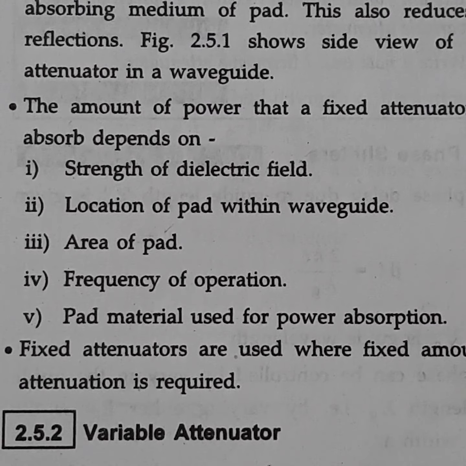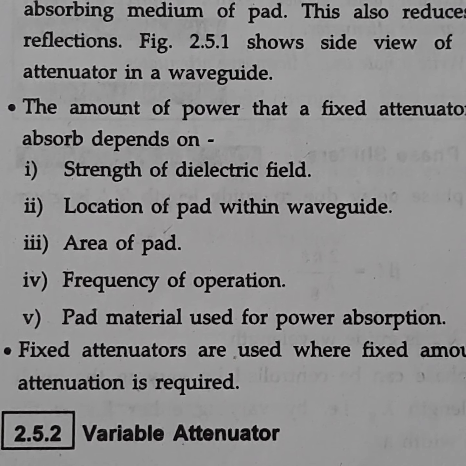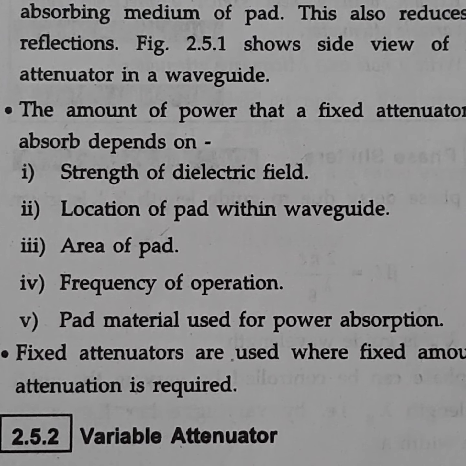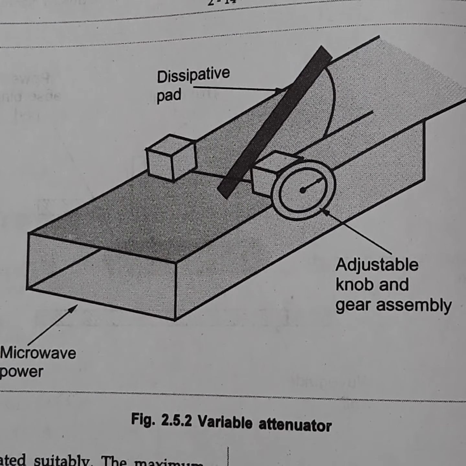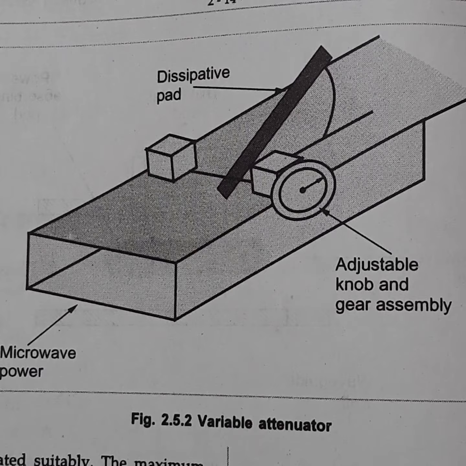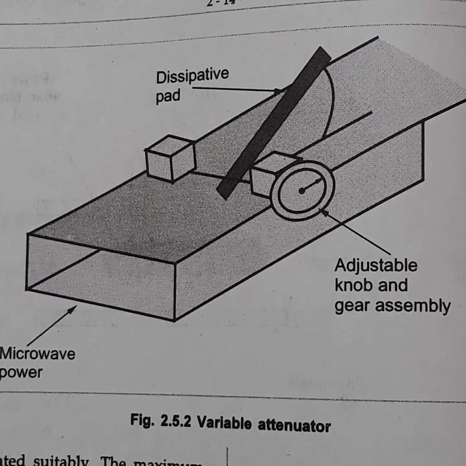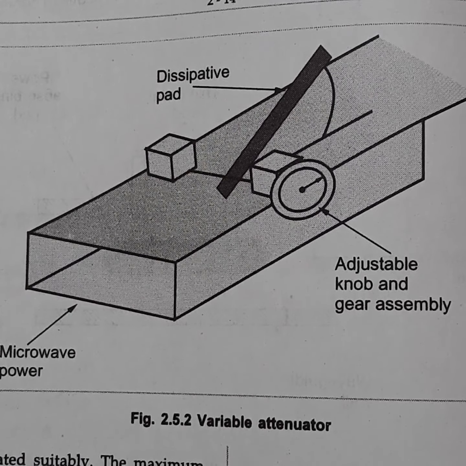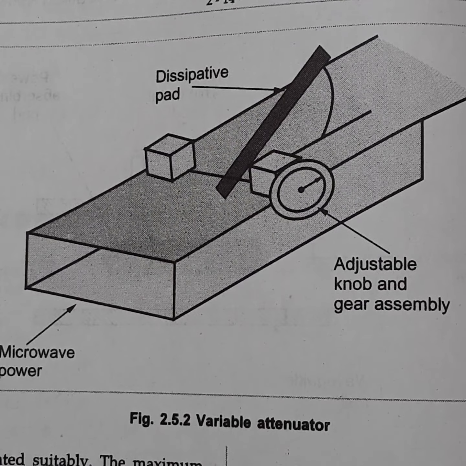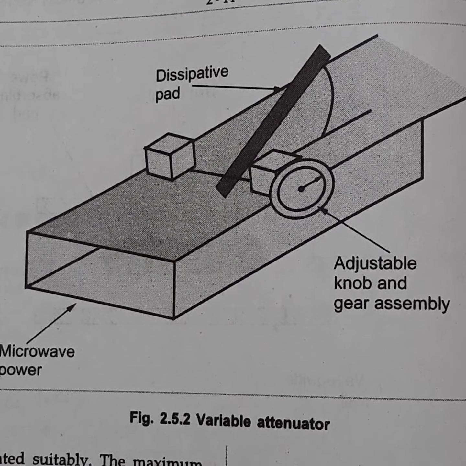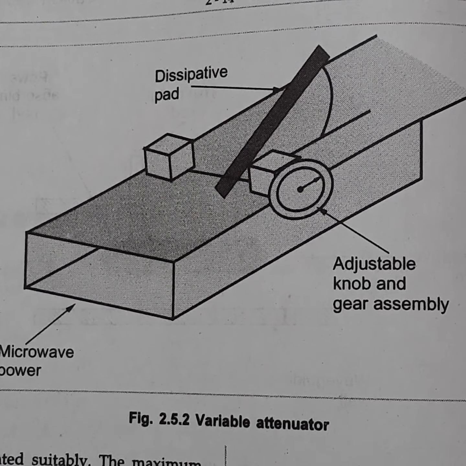Okay, next we'll discuss the variable attenuator. This is the second type of attenuator. The variable attenuator provides continuous attenuation. The amount of attenuation introduced is controlled by the depth of insertion of the absorbing plate inside the waveguide.